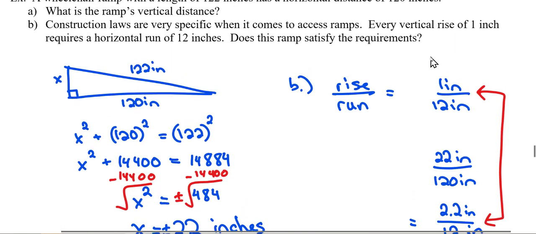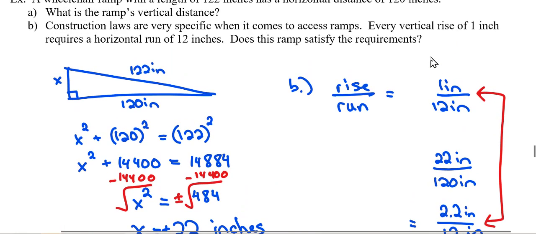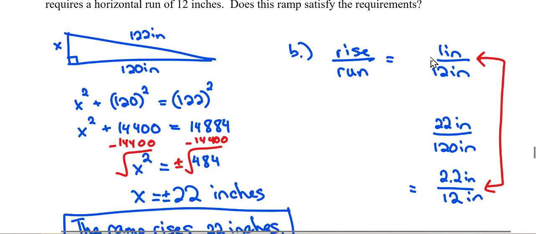Let me reread my statement one more time just to make sure I fully understand it. Every vertical rise of 1 inch requires a horizontal run of 12 inches. Does this ramp satisfy the requirements? I don't think so. Because if I have 12 inches, I'm going up 2.2 inches there.